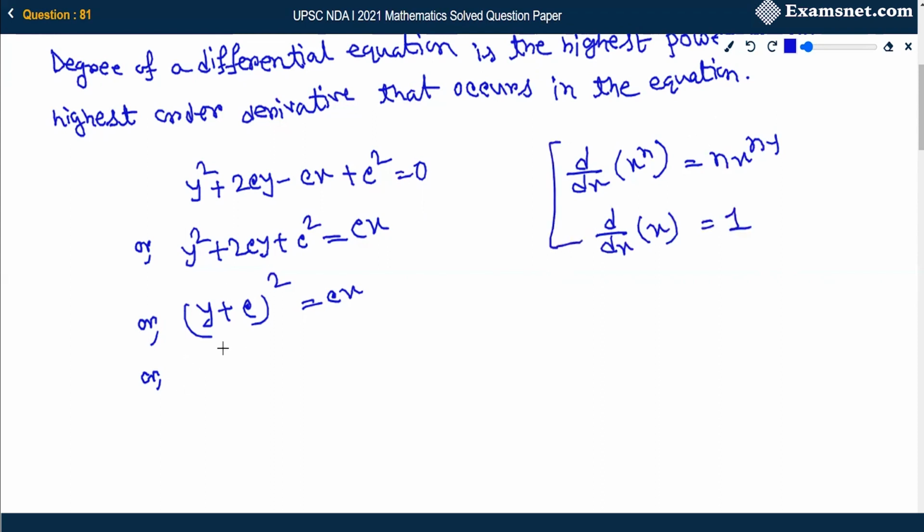Correct? So here since this is a function of y, but we are differentiating it with respect to x, we will treat it as a polynomial like y square, so it becomes 2 multiplied by y plus c. Then we will differentiate y. So it becomes dy dx. And if we differentiate a constant, it will give us the value 0.